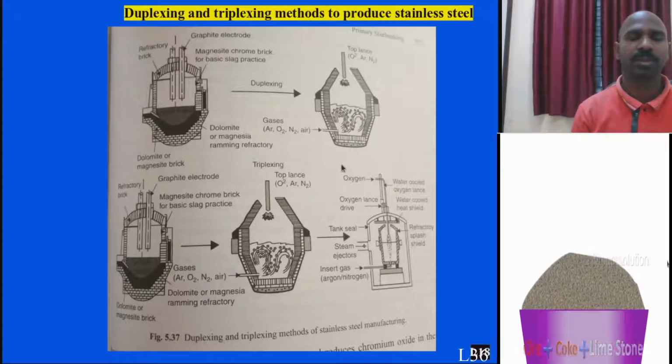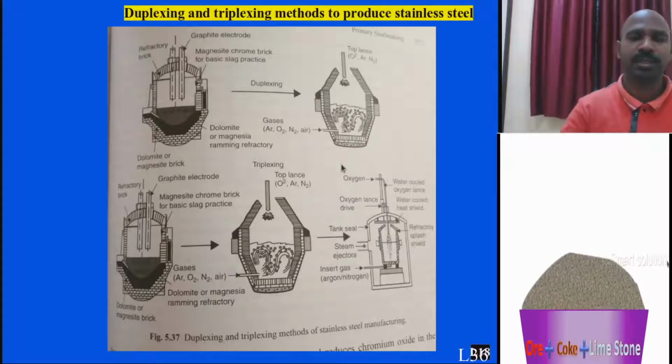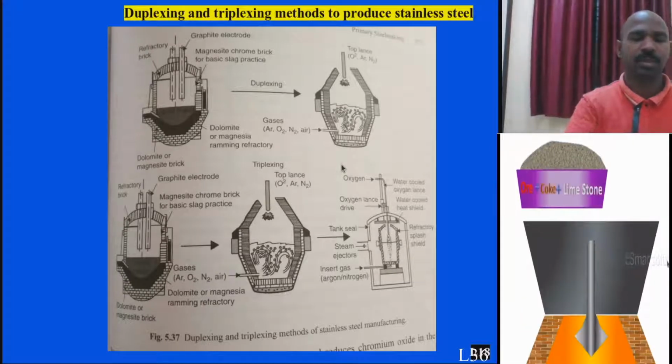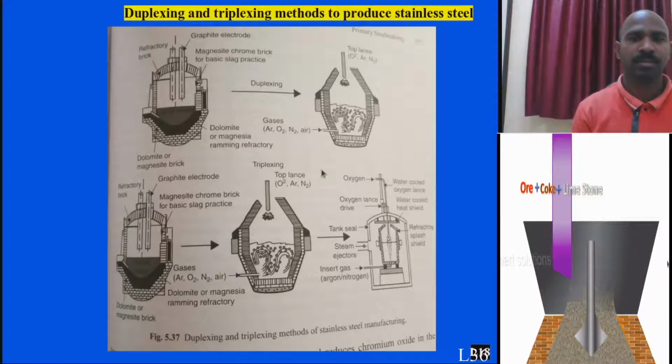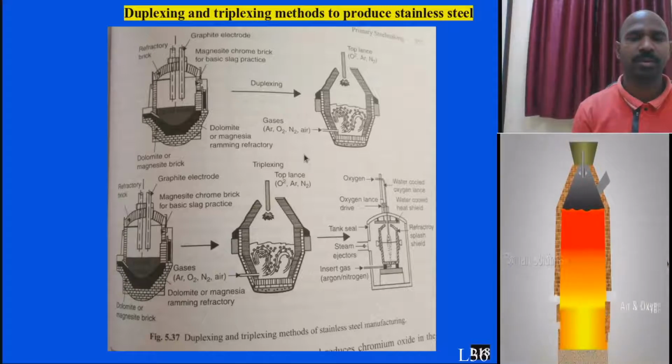These things were emphasized. And if you want to recover more and more chromium, you need alloying additions, preferably silicon in the form of ferrosilicon.